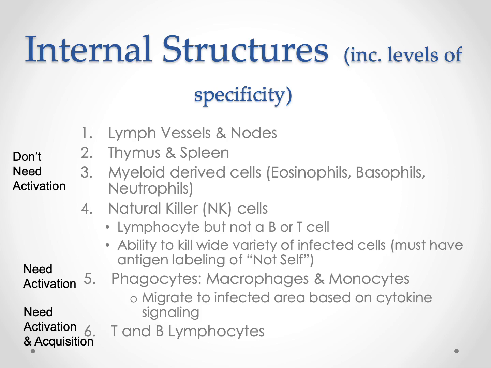The last bit of internal structures that are going to be the most specific are the T cells and B cells, T lymphocytes and B lymphocytes. These not only need to be activated, but they also undergo what's referred to as an acquisition response.